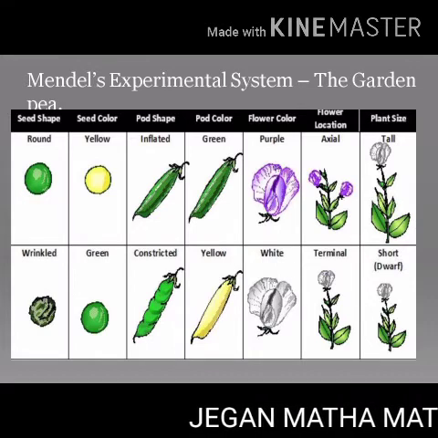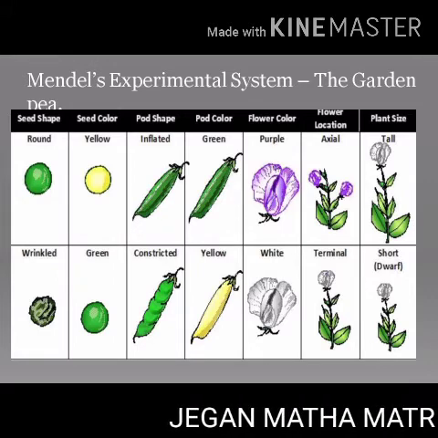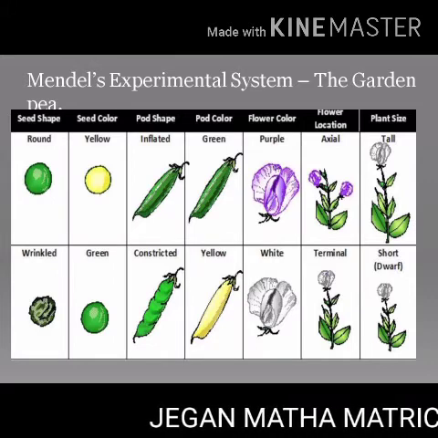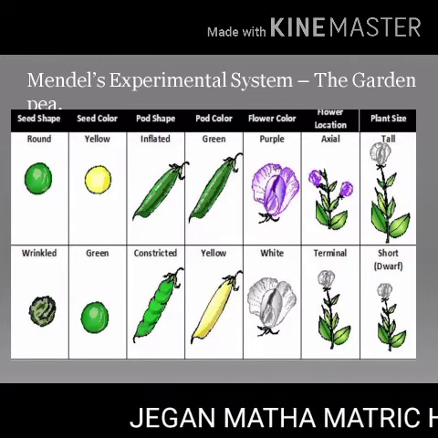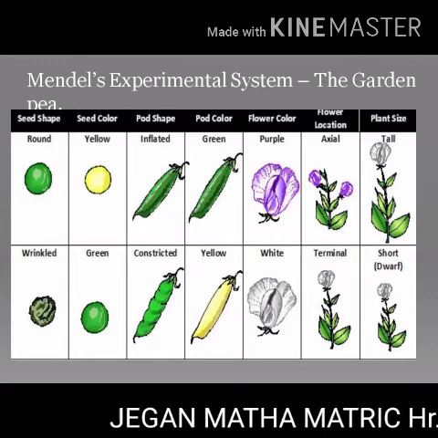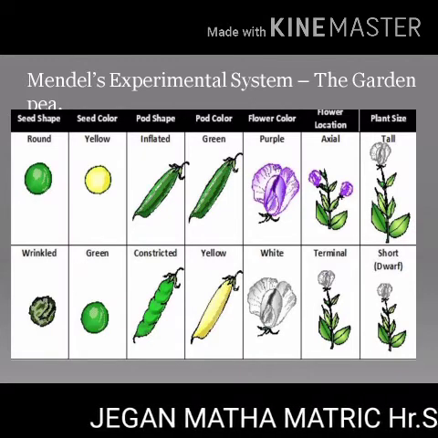Mendel used both self-fertilization and cross-fertilization. The flowers are large, hence emasculation, that is artificial cross-pollination, is very easy for the hybridization technique.